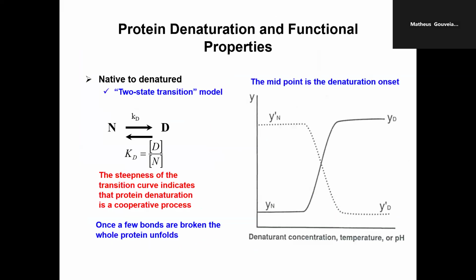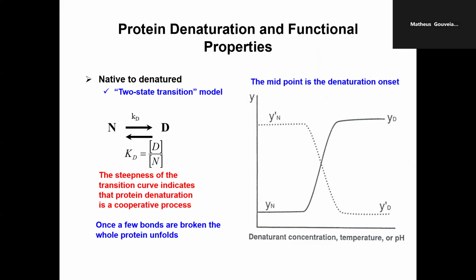So let me explain what you're looking at here. On the x-axis is the denaturing, whether increasing temperature, or changing the pH in a certain direction, or adding a denaturant, like say urea or SDS.